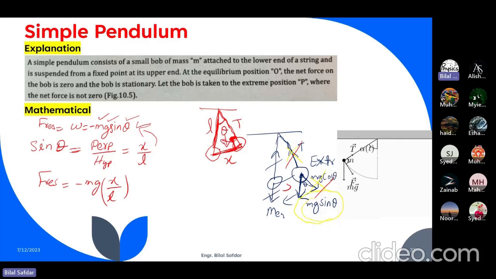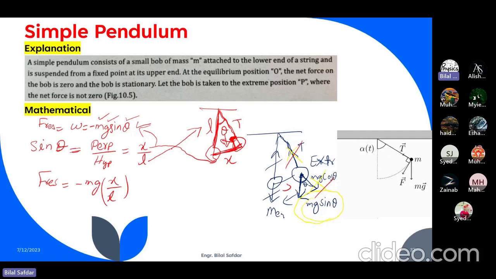So we have to put these values in the equation, perpendicular over hypotenuse. The perpendicular is x, and the hypotenuse is L. Clear? Okay, sir.